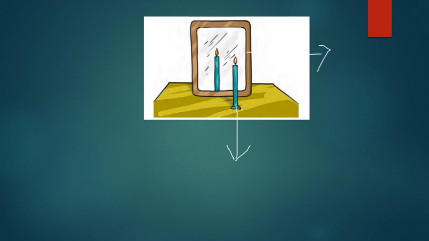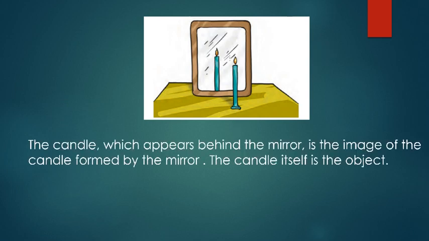What are the properties of this image? Will that image exactly appear as the object? First, we need to understand in this picture which is the object and which is the image.